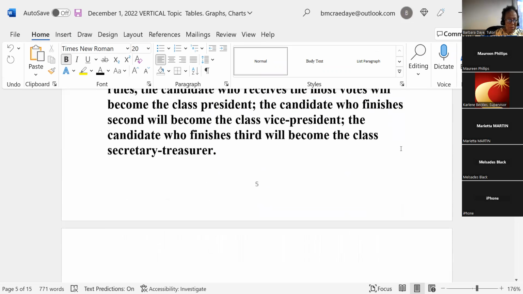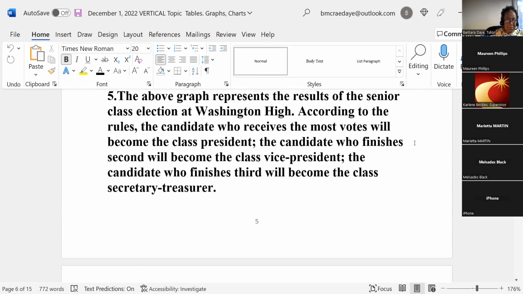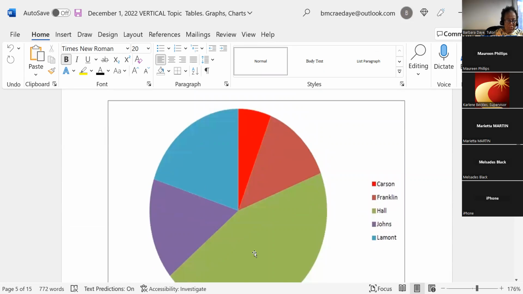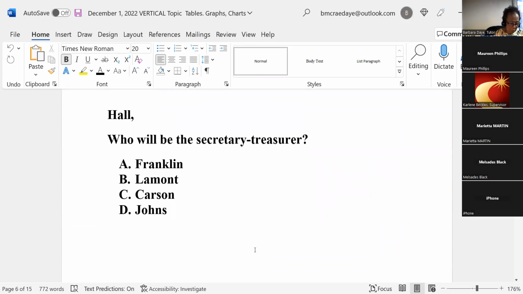So let's put them in order here. So you have Hall. And the next one, let's go back up here, is Lamont and then John. So let's put Lamont and John.